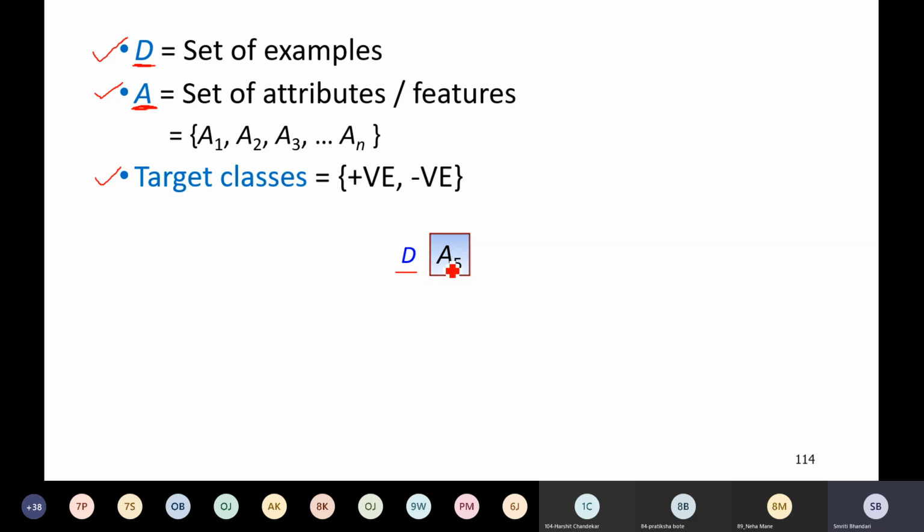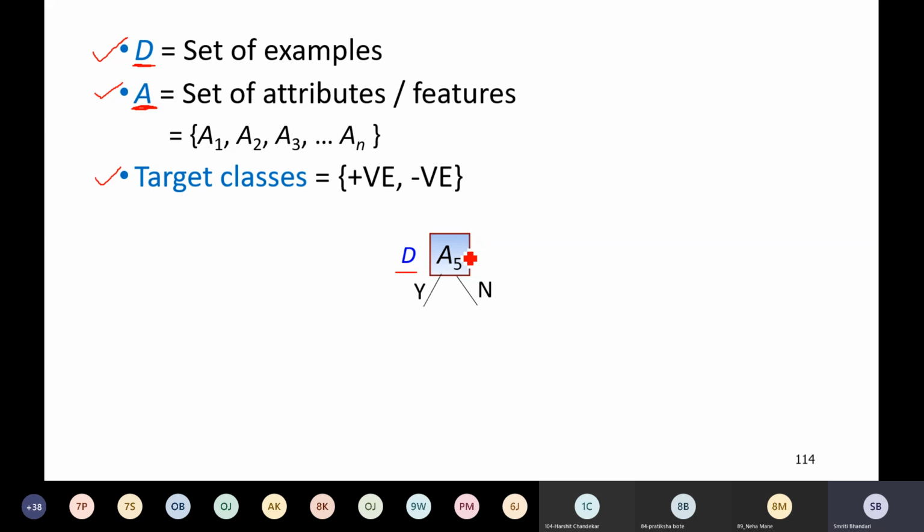All the examples are available. And now, based on the attribute A5, we are going to split the set D. So how are we going to do that? Let us assume A5 once again has two values, yes and no, y and n. So we have two branches.